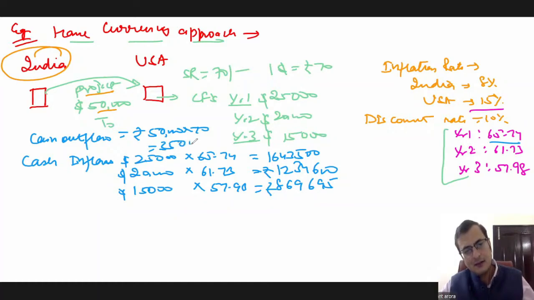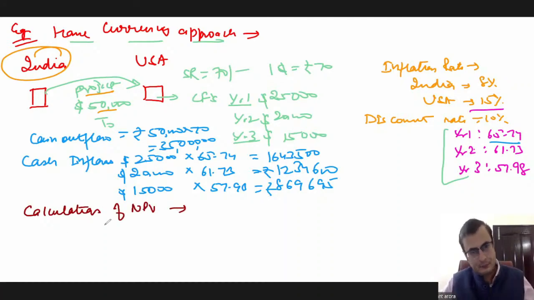$35 lakhs. So can we calculate the NPV? 16435. The discount rate, you remember, is already given to us.